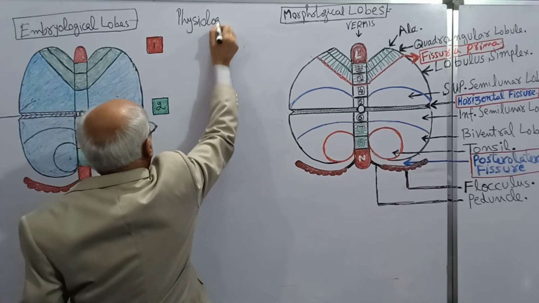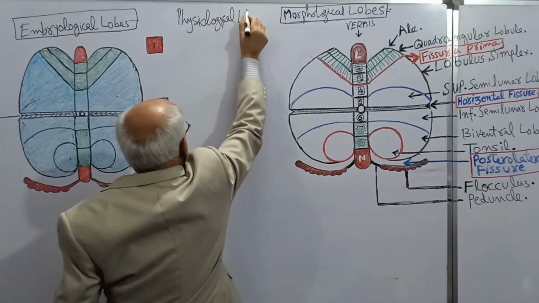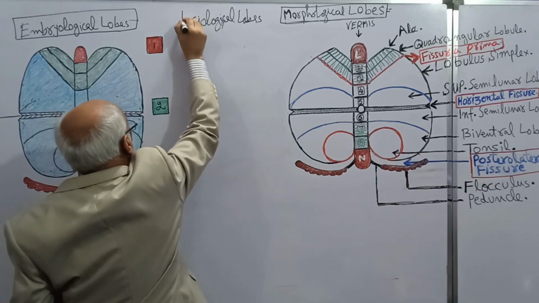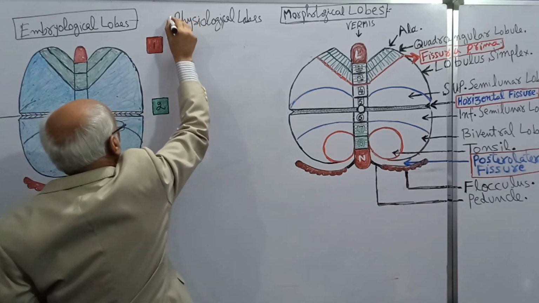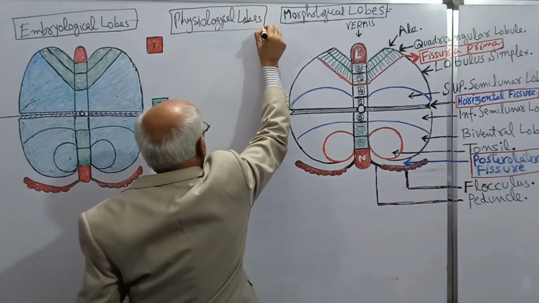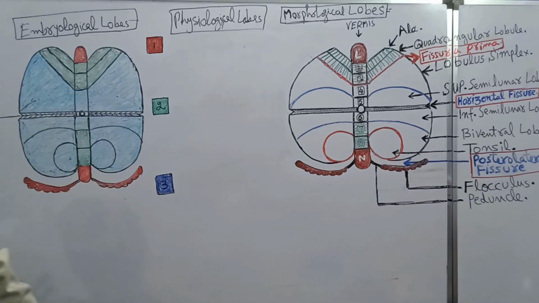Again, the cerebellum is divided into three types of lobes physiologically, depending upon the connections and depending upon the functions and effects of lesions.